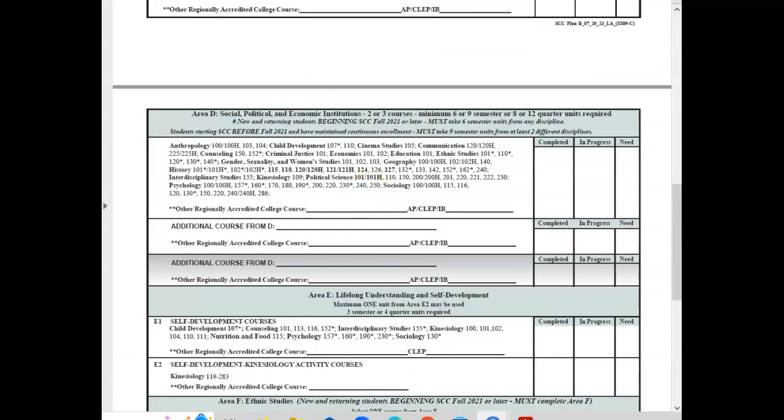Moving on to Area D. Area D is Social, Political, and Economic Institutions. This one is a little tricky because depending on when you started at SEC, there are different requirements.